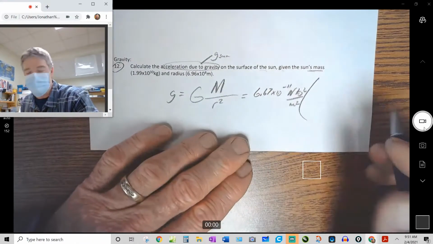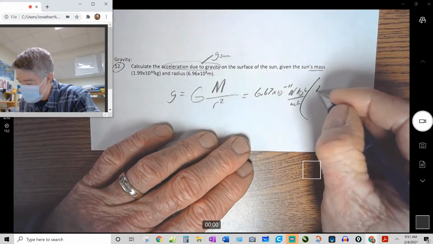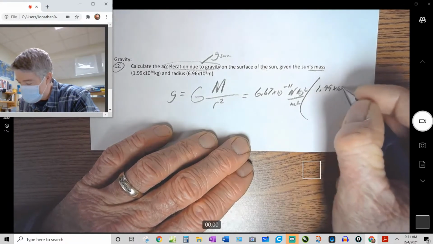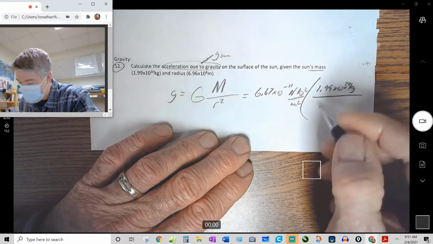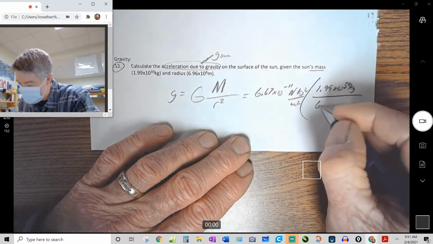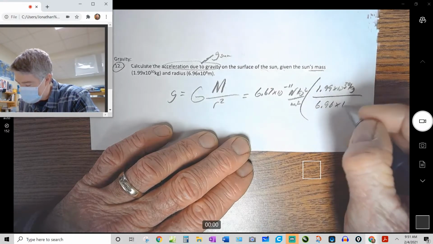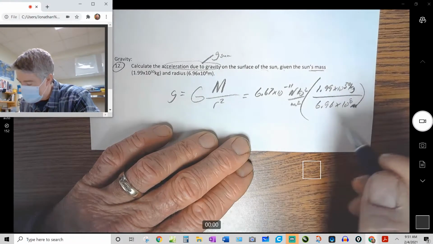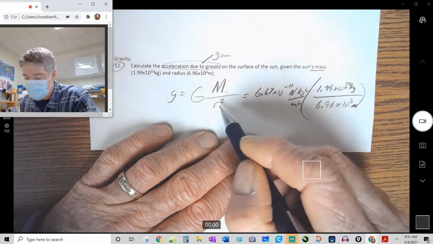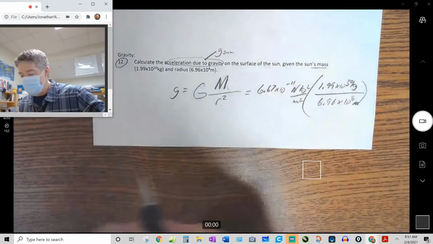I was thinking that doesn't look like the mass before, but before we did the Earth's mass. 1.99 times 10 to the 30th kilograms over the radius of the sun, 6.96 times 10 to the 8th meters. Got to make sure that this is in kilograms and these are in meters, and if they're not, convert. But in this case, we're okay.